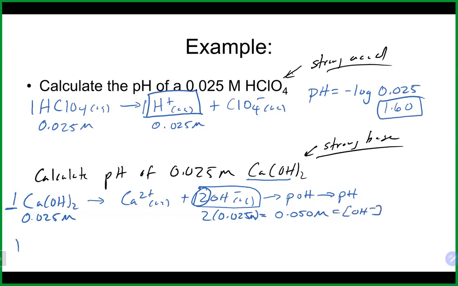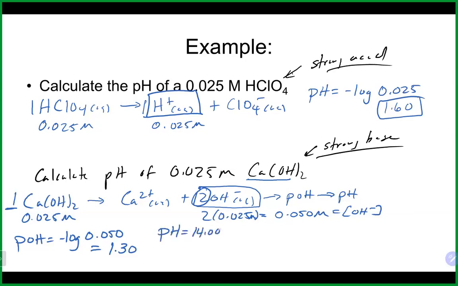We now can go into our pOH, which would be minus the log of 0.05, and that is 1.30. Now, if for some reason you thought this was the pH, it should not make sense to you because this is a base and that is definitely an acidic pH, right? So we do need to get to the pH here, knowing that this obviously doesn't make sense.